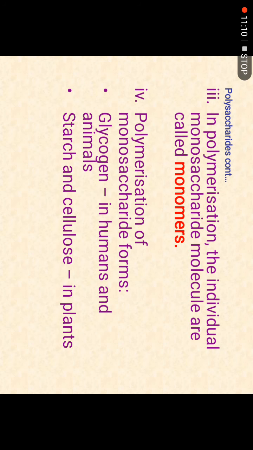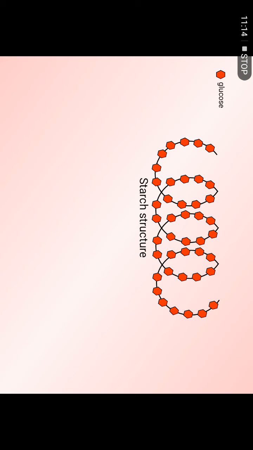Since we are going into more detail, we will see how the glycogen and the starch look like. First we see the starch. Starch is made of sugar, so you see the hexagons, the red ones, they are all glucose, the six carbon sugar.